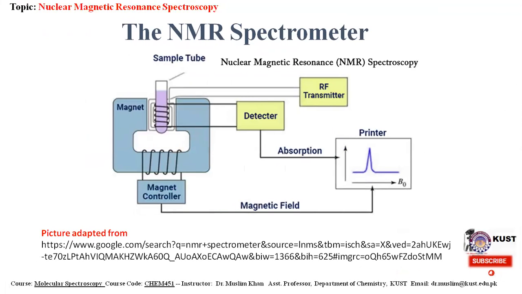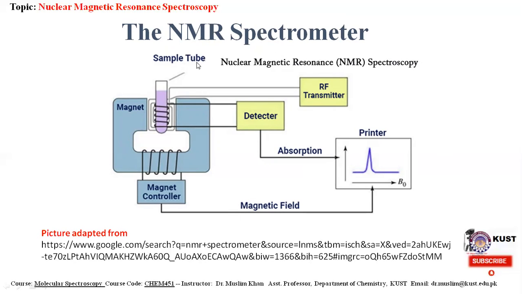The information in the spectra is given by the NMR spectrometer. What is an NMR spectrometer? It is the instrument used to give us this information for different nuclei, which we have discussed.